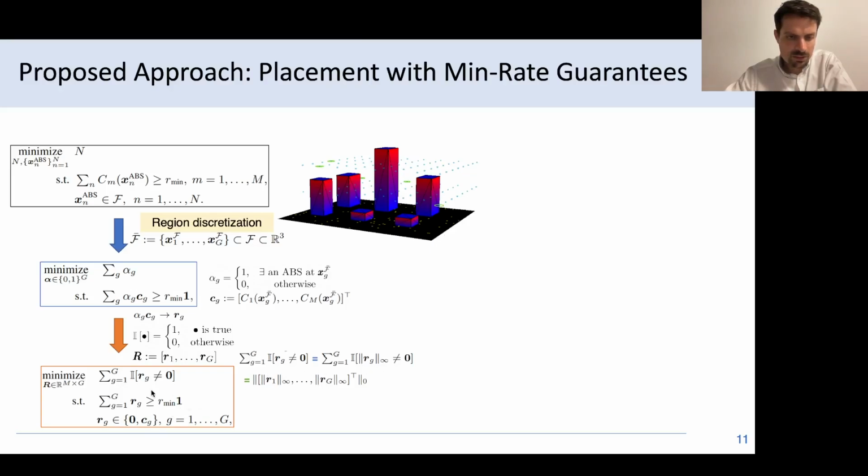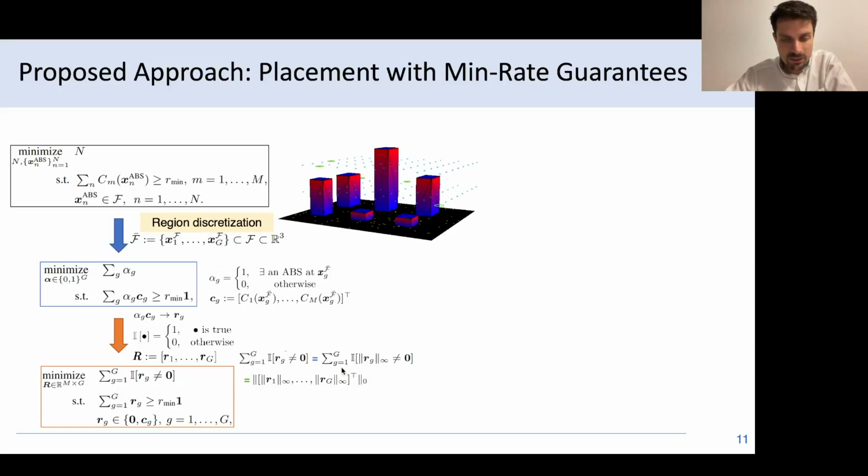Since this problem can be shown to be NP-hard, what we can do is to relax it to arrive at a convex optimization problem. So the idea is to use the fact that a vector is 0 if and only if its norm, infinity norm in this case, is 0.